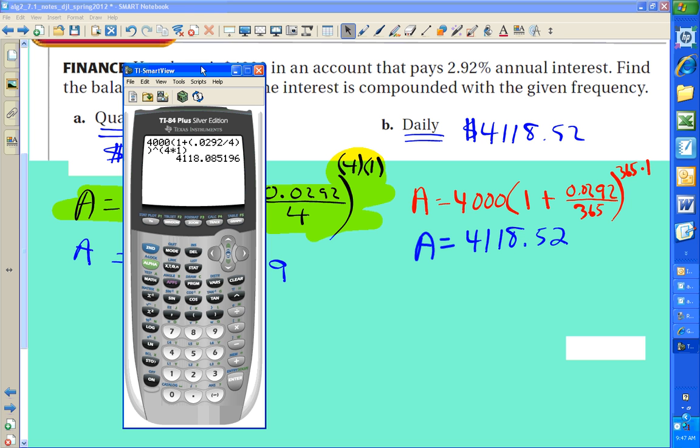You're compounding daily, so what I'm plugging in here for the n is 365. And again, this is about, can you use your calculator? Can you make this work on your calculator?